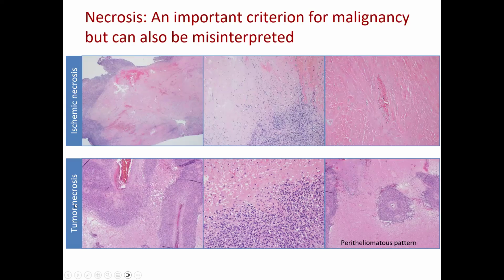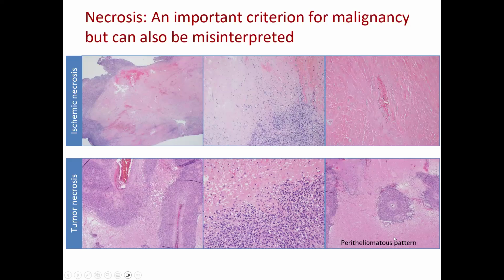Unlike tumor necrosis, which preserves blood vessels, so the cells around the blood vessel will be viable. And when you put a blood vessel here and a blood vessel there, between them you get necrosis. It looks like a map. So that is what we call geographic necrosis.